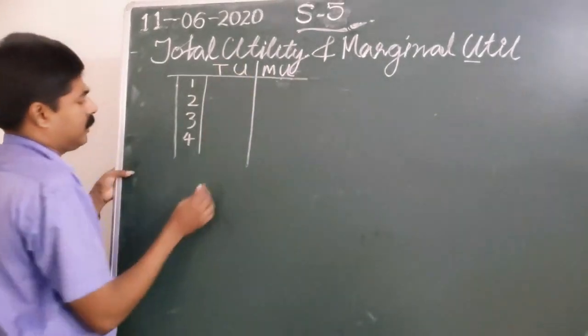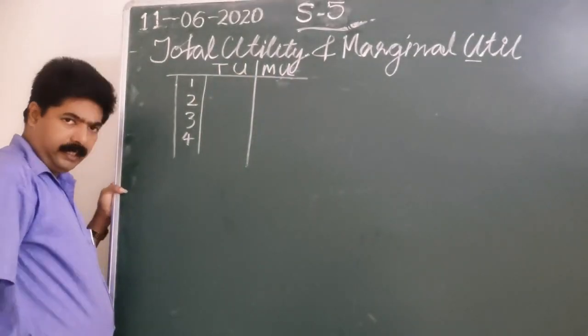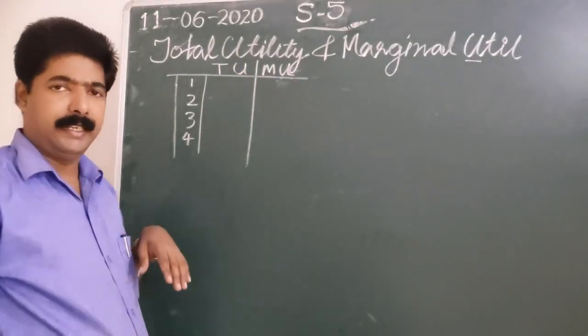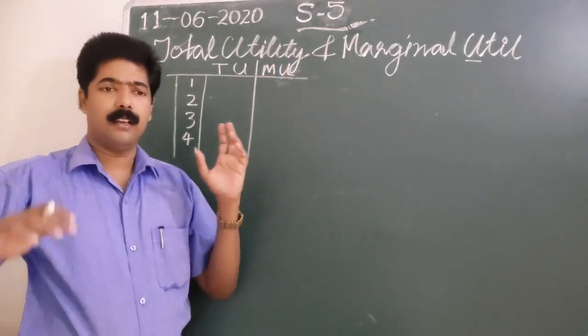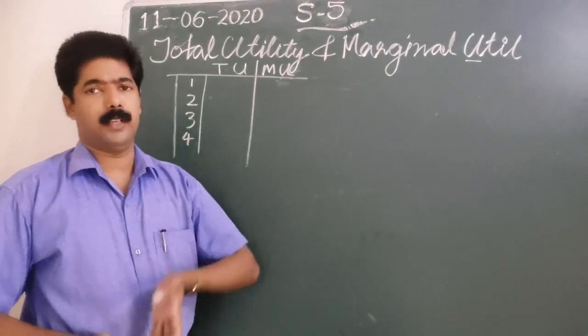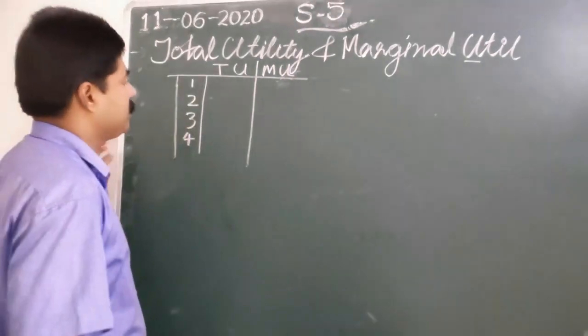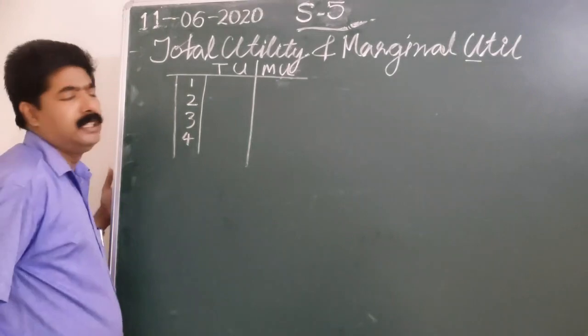So what is my total utility? It is difficult to express the utility, but for understanding this concept, we can express the utility cardinally or ordinally. So here I am using some digits to express my utility.